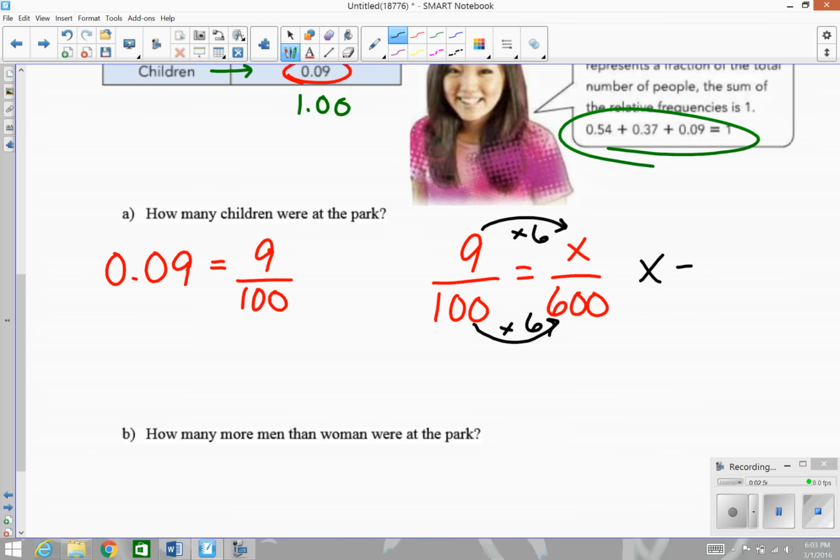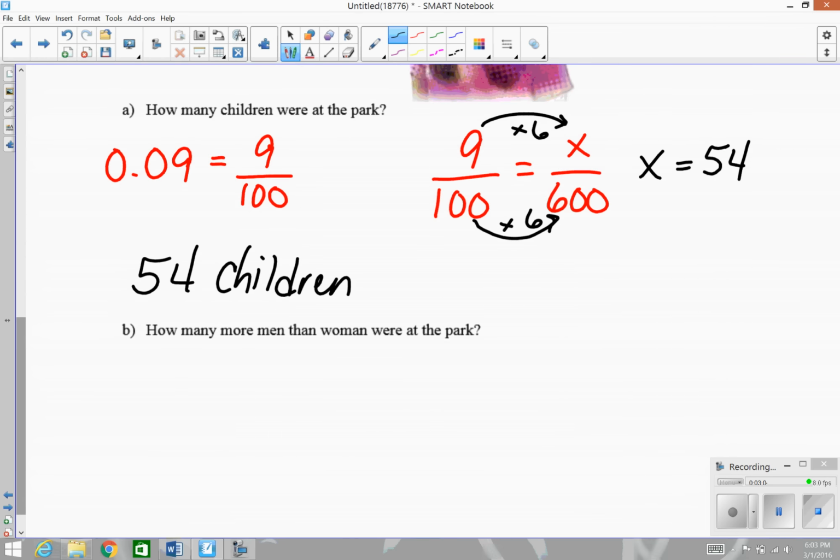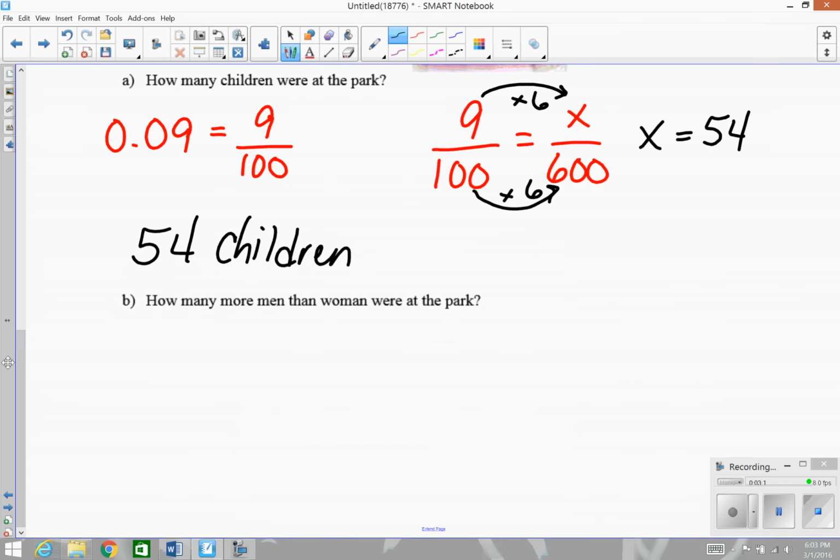And we will get that x equals 54. So we know there were 54 children at the park. Feel free to pause, rewind, and rewatch as you go. We're going to try part B.